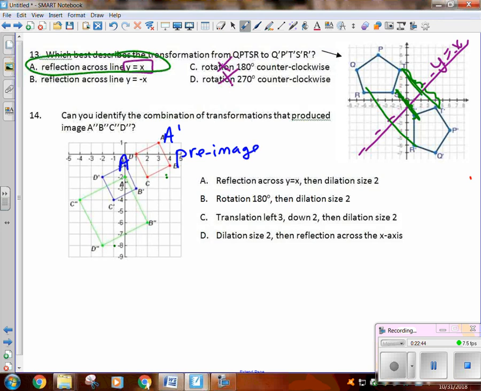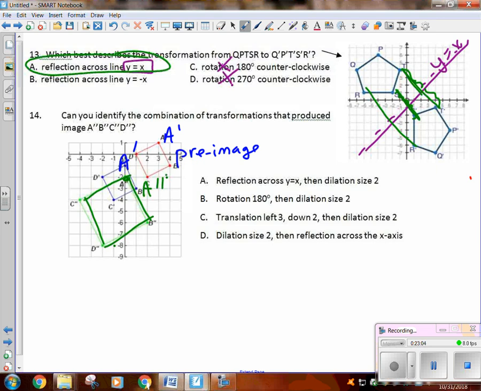This one right here is A prime, which means my blue one is my second image. And this bigger one is A double prime, which means it's my final and resulting image. So how did I go from red to blue to green?